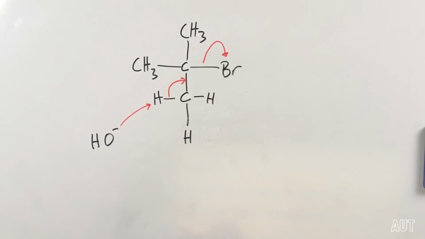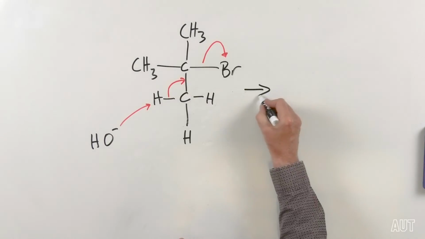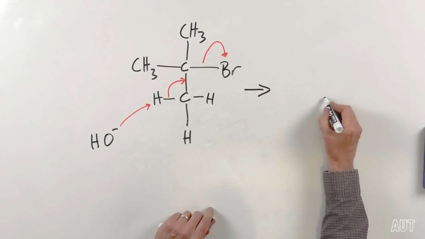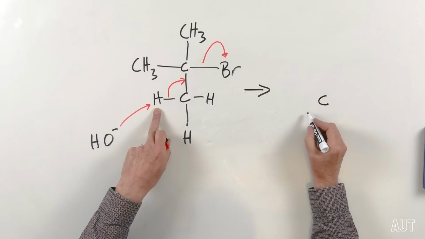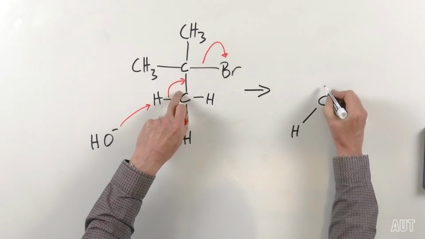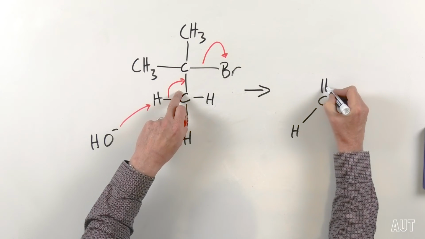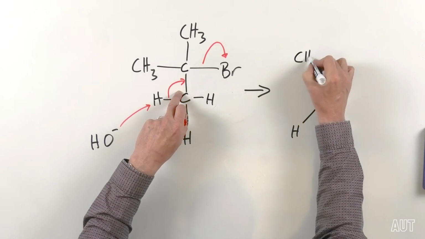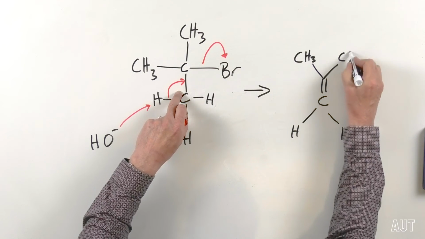This is called an elimination. And those of you doing, again, advanced organic chemistry will learn about this. The product that you get from this is, right, we've lost one of these hydrogens off this bottom carbon. We've turned this single bond into a double bond, and we've lost the bromine.